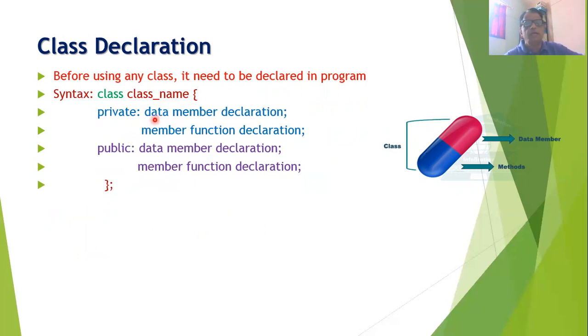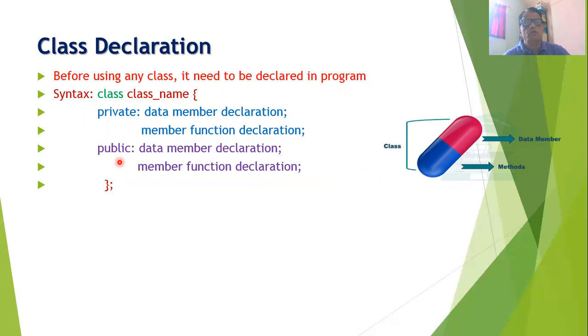The members of the class are specified by access specifiers. There are three types of access specifiers: the first is private, the second is public, and the third is protected. I have not written protected here because we will not be demonstrating any protected member now; it will be demonstrated later.